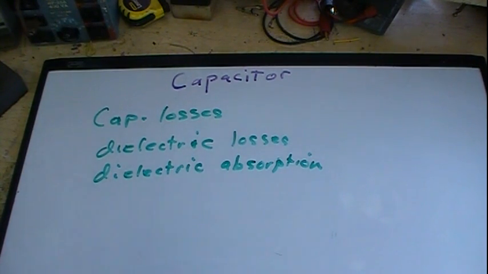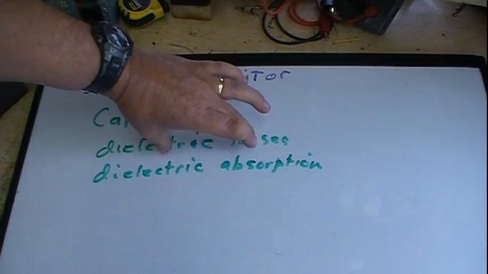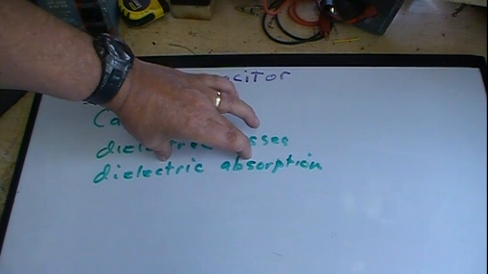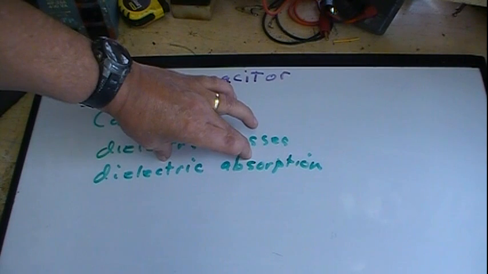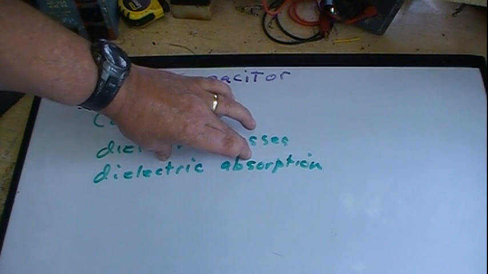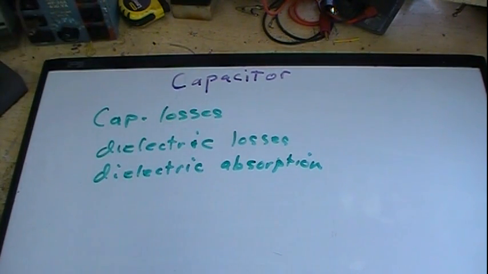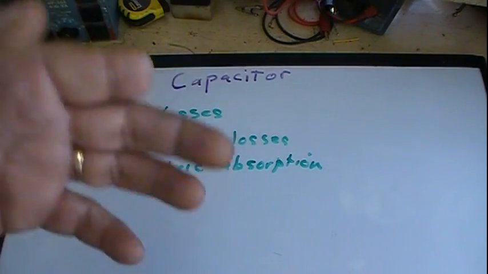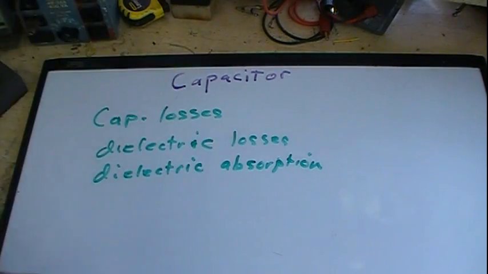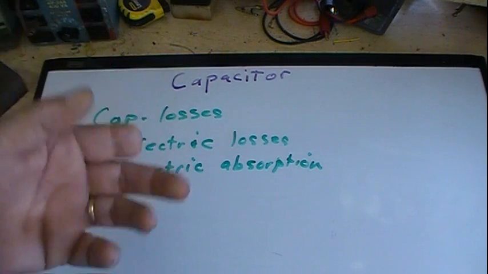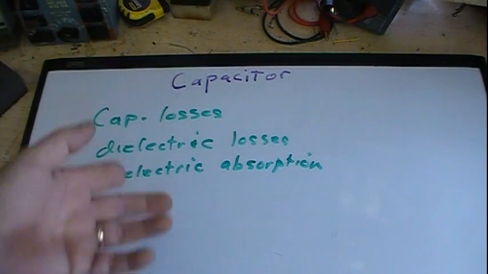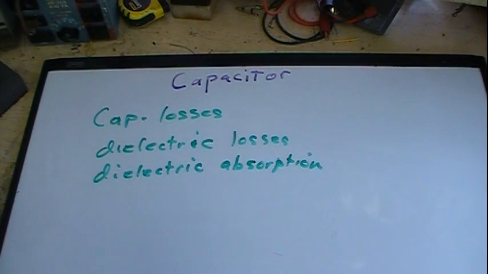The other thing about dielectric absorption that you will find fascinating: if you have a capacitor that's been charged up and you discharge it real quickly, put a grounding strap or a screwdriver across it, short it out, and throw it off to the side.